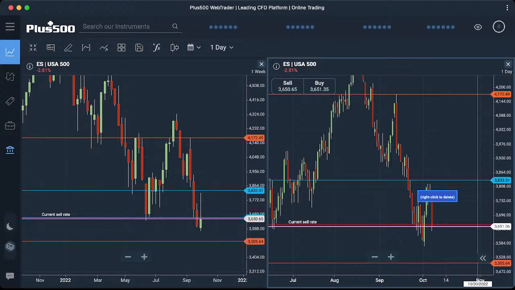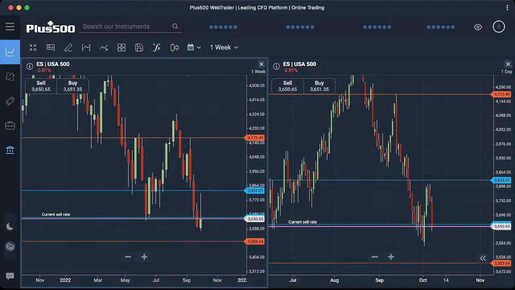So let's start and dive into the chart. Here we have the daily chart on the right side for US 500, and on the left side you can see the weekly chart.